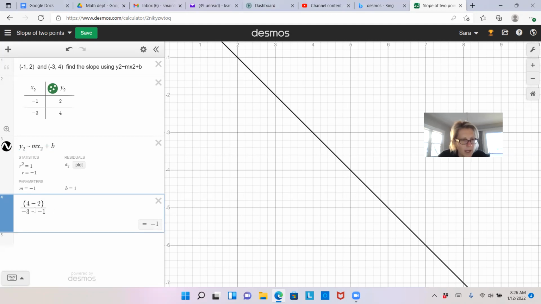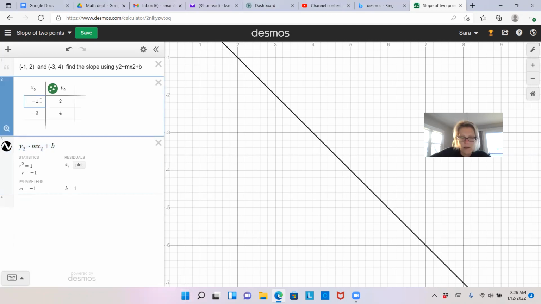So this is how we did it by hand, and we got a -1, but Desmos will calculate it for you using this equation right here. It's so cool.